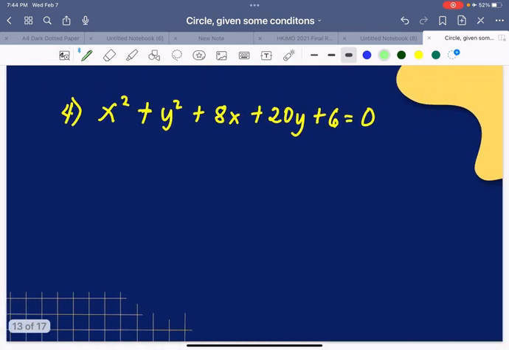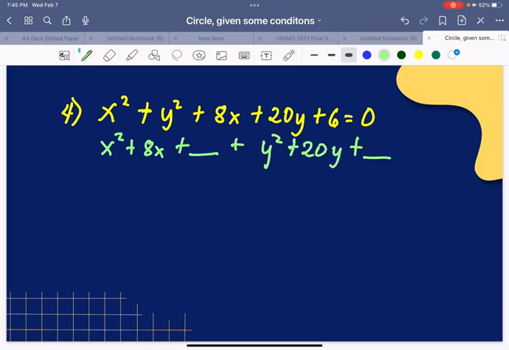Okay, last number 4. X squared plus y squared plus 8x plus 20y plus 6 is equal to 0. So let's write the equation into x squared plus 8x plus blank plus y squared plus 20y plus blank is equal to negative 6. So plus blank plus blank. Okay. So divide 8 by 2.